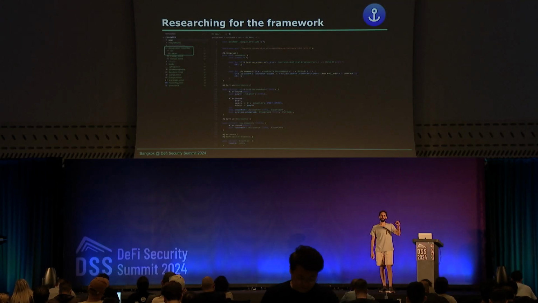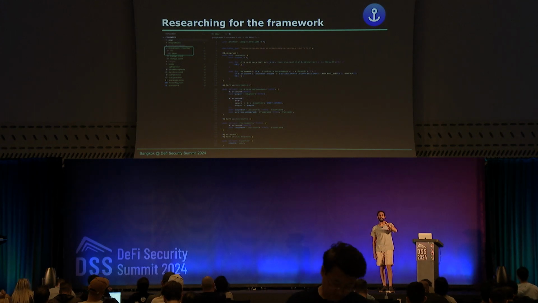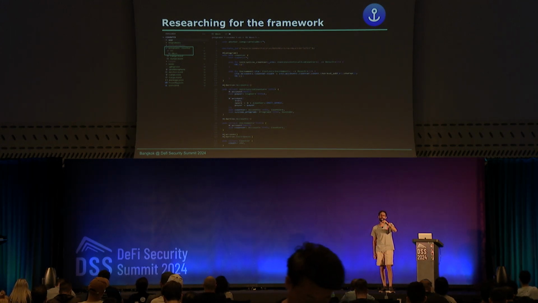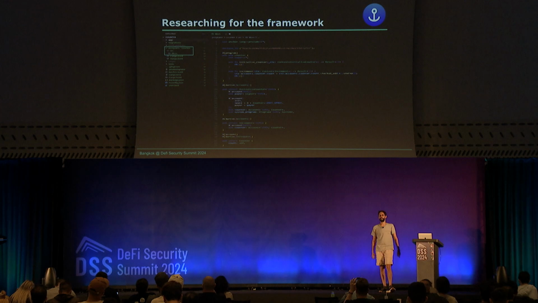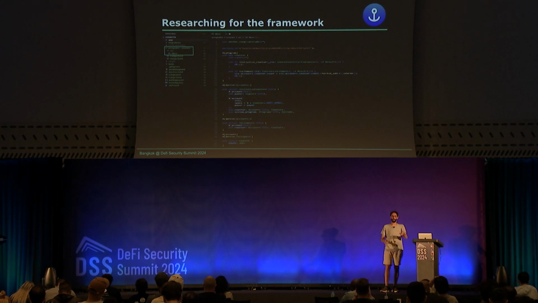Similar to the counter, we will have a source folder. We have the program, then the name of our program, which is counter. Inside it, we have the source folder, and inside the source folder, we have the lib file. So the entry point is the lib.rs file.